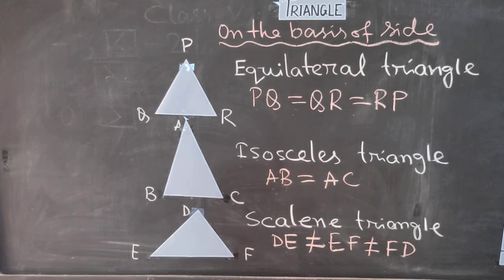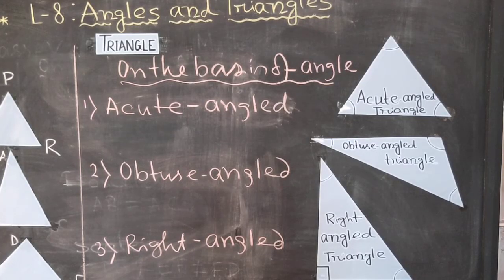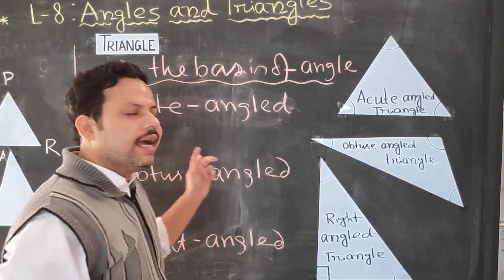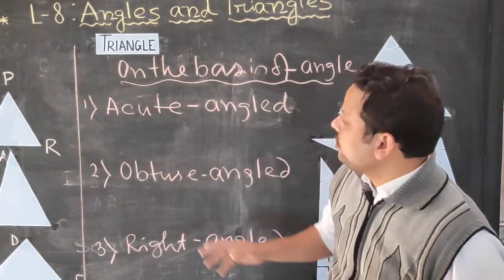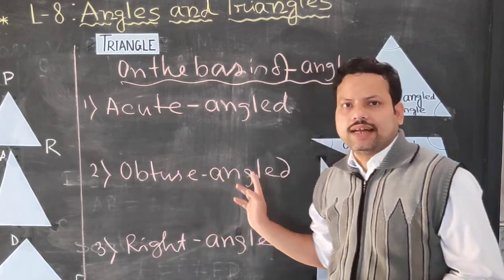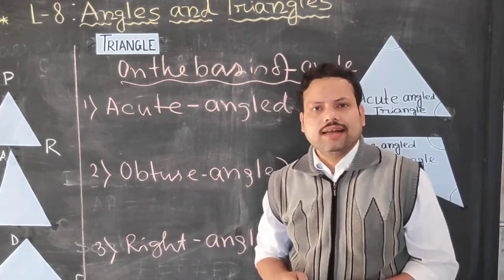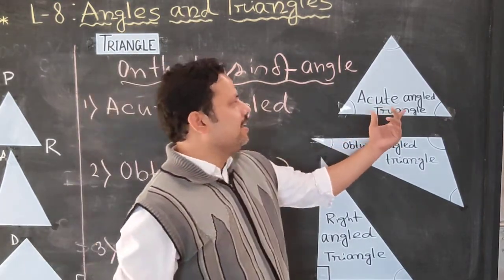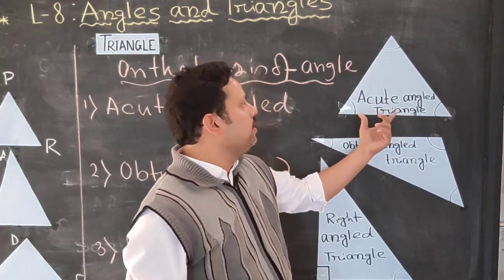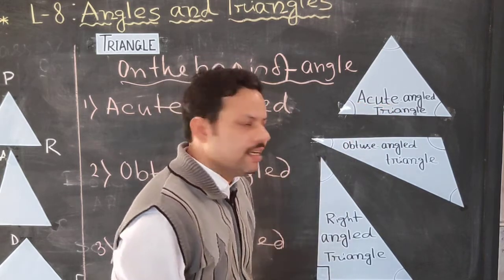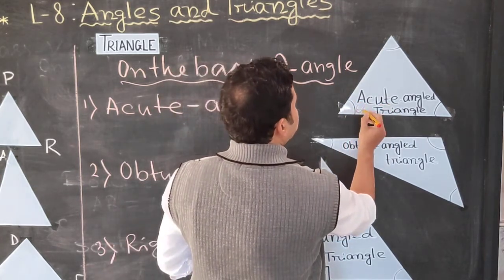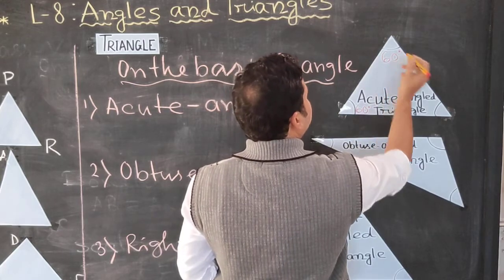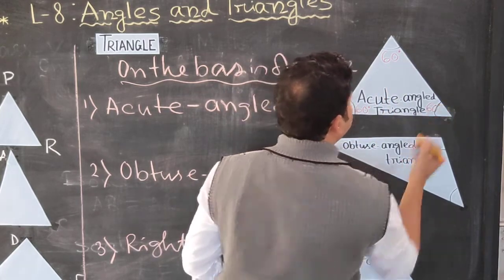Now I will explain on the basis of angles. There are also three types of triangle. First one acute angled triangle, then obtuse angled triangle, and another one right angled triangle. Check, students. Already I have given one. Say an acute angled triangle where every angle is 60 degrees.